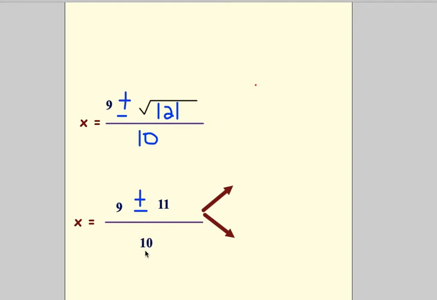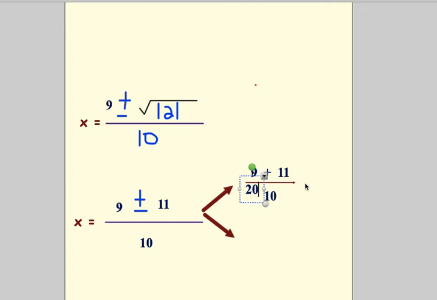So I have 2 situations right here. My first one is taking 9. This time, let me add 11 to it and divide it by 10. And if I did this, I should be able to get 9 plus 11 is, I believe, 20.